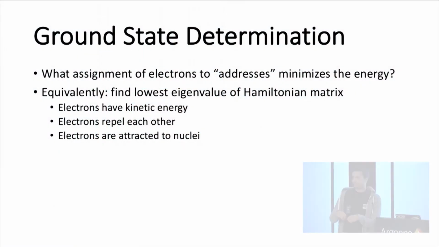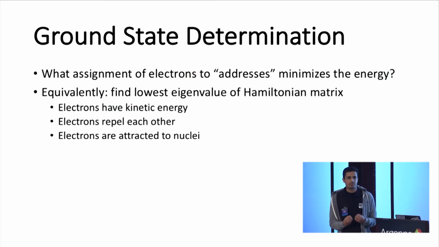And it turns out that computationally, we can think of this as an eigenvalue, eigenvector problem. Every molecule is described by something called a Hamiltonian matrix, which captures terms like the fact that electrons have kinetic energy, they repel each other, but are attracted to the nucleus. And the Hamiltonian matrix is just a matrix that encompasses all these terms for a given molecule.